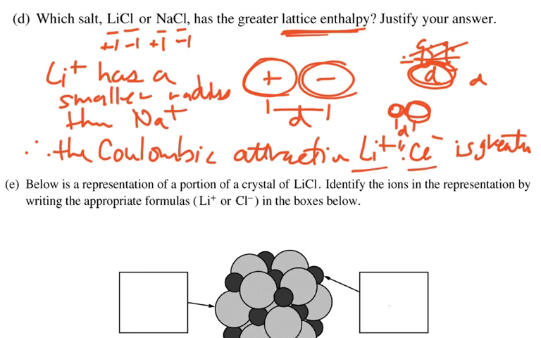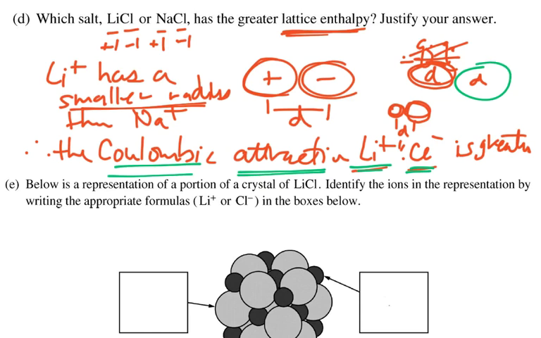So because it has a smaller radius, that's an important piece, but why does that make a difference? Why it makes a difference is because of Coulomb's law. The Coulombic attraction with that smaller ion is going to make the attraction greater.